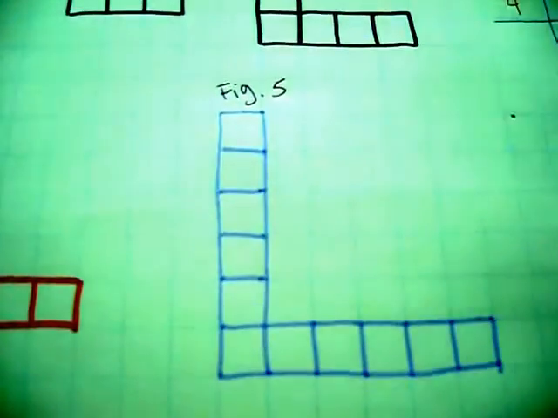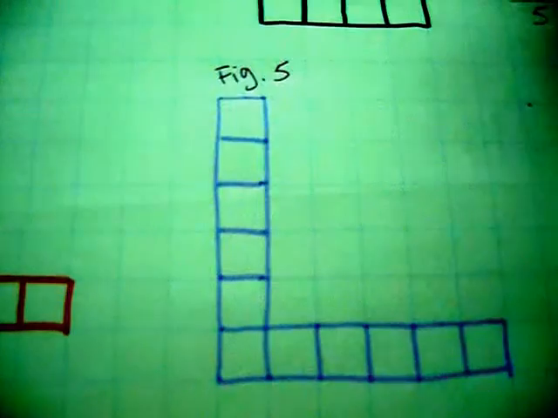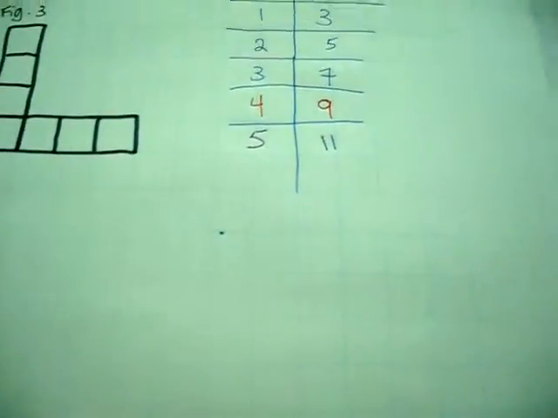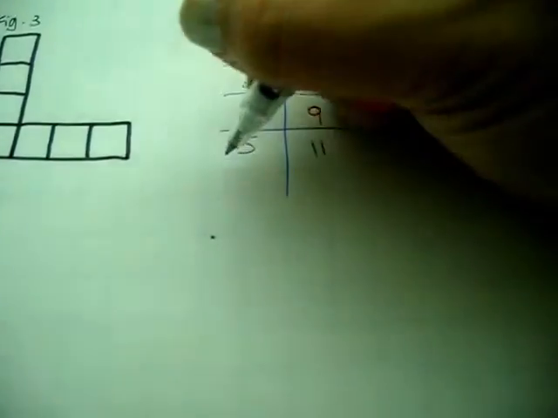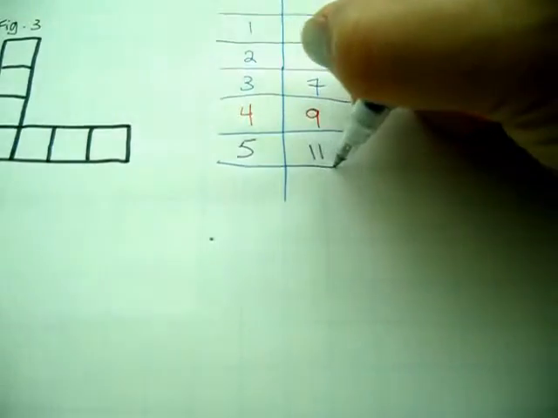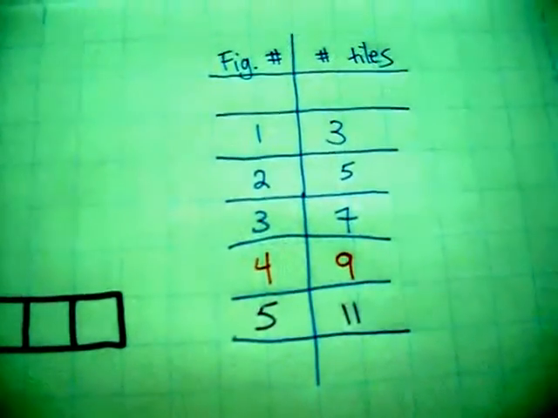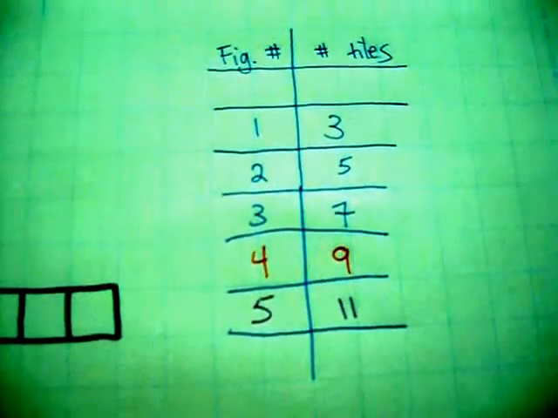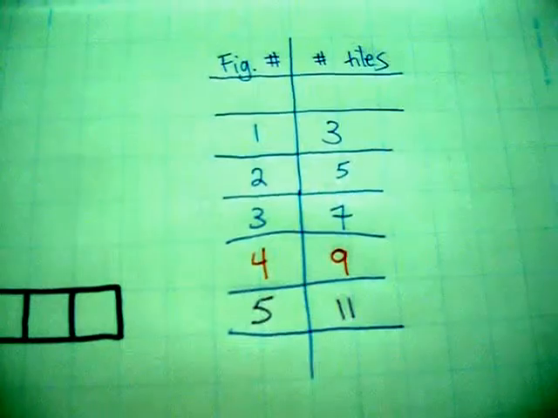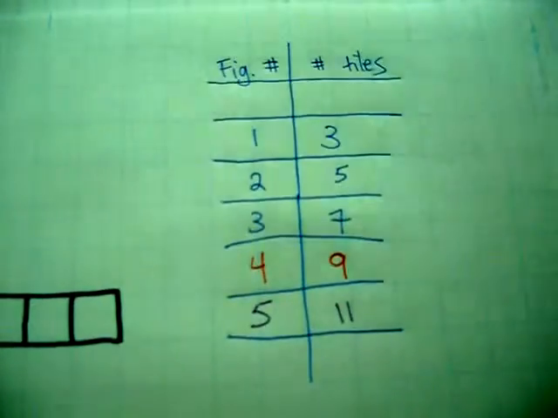How many tiles does this one have? Okay, I hope you got 11, because that's what I got too. I wish that we could talk to each other through video so that you can double check my work. Alright, so let's take a look at the table here and see what kind of pattern we find. What do you think? Take a moment to look carefully.